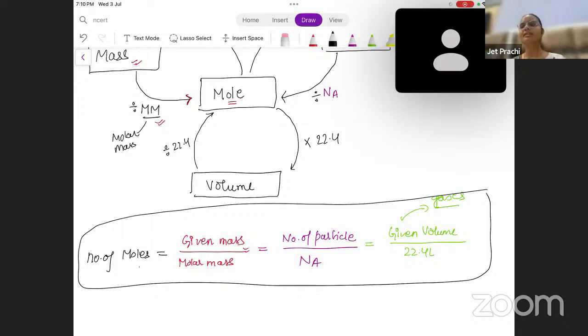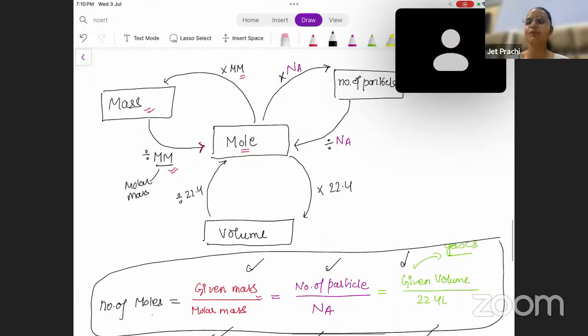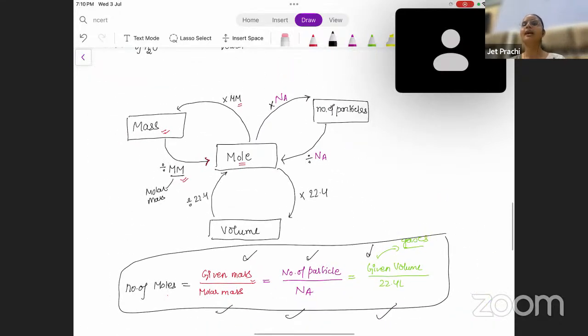If the number of moles is given, then of course I can find the given mass, I can find the number of particles, and also I can find out the volume. And these are the things that you have to remember. This is the overall chart that you have to keep with you and keep revising.